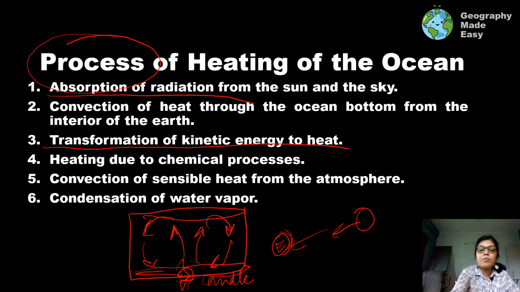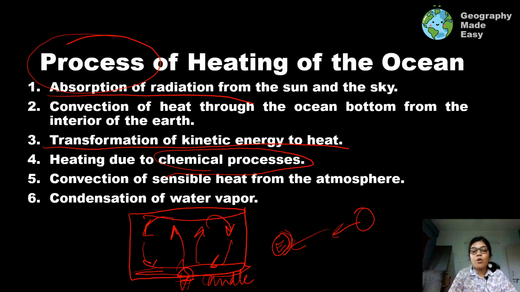Heating due to chemical processes is rare, but it can happen: rocks having a particular chemical reaction when they come in contact with water can lead to heat release, and this can also be one reason for heating.